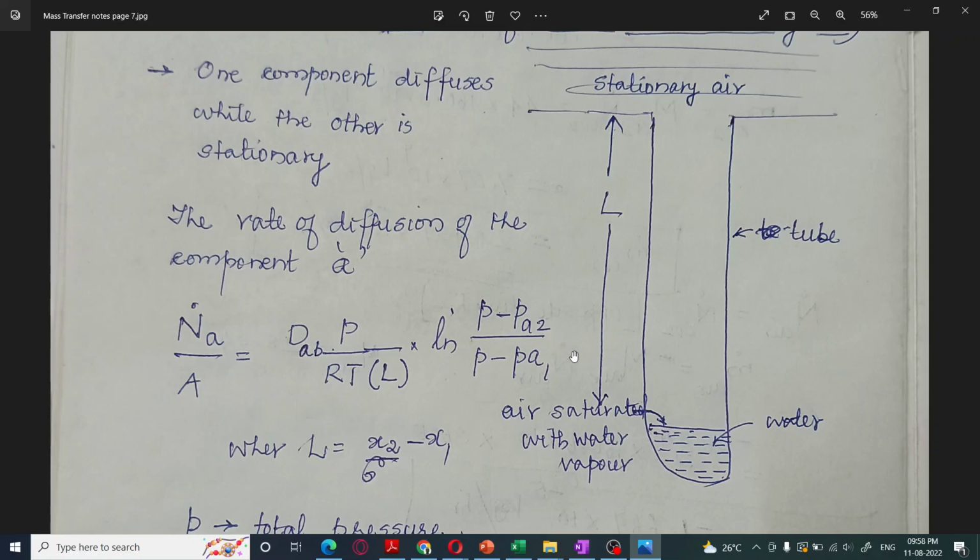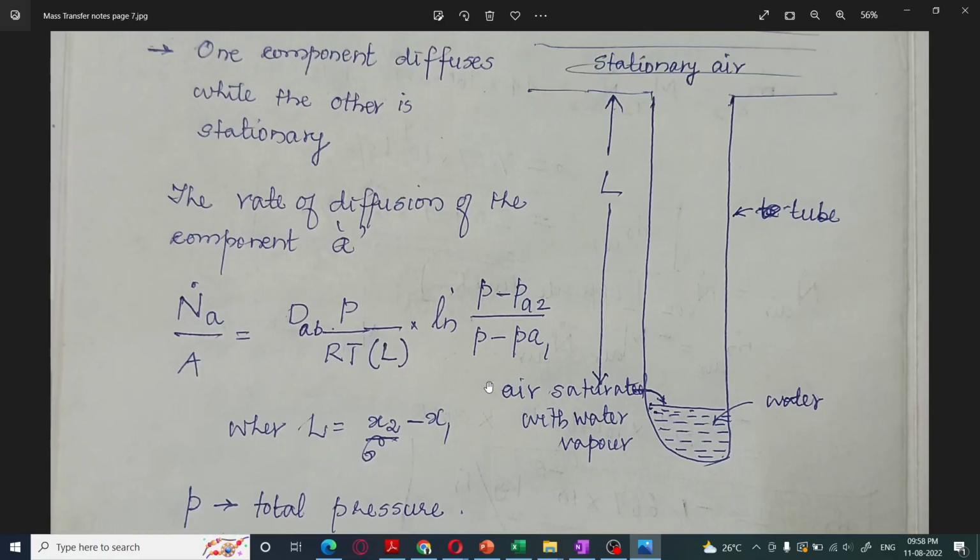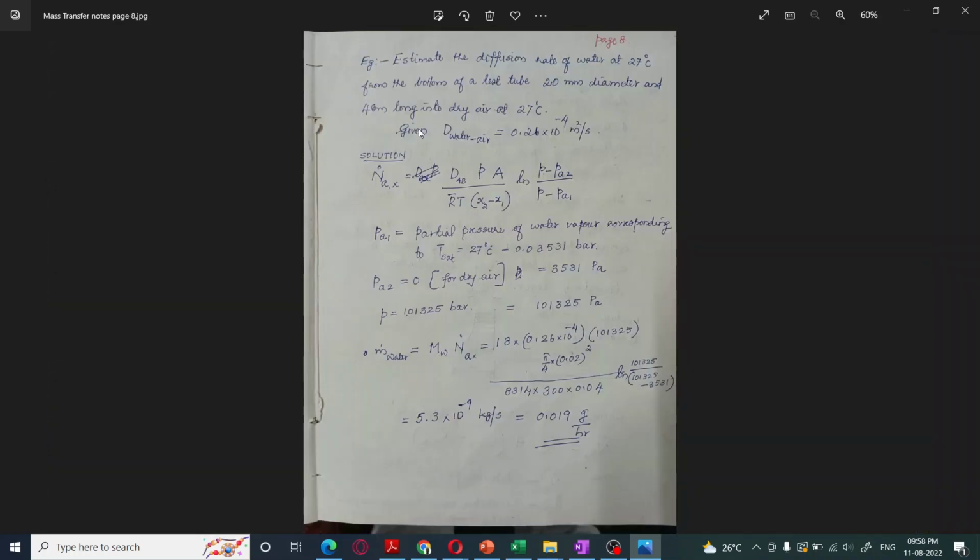If we can calculate partial pressure of water vapor at this level and at this level, then we can substitute. So you remember P is the total atmospheric pressure, which is the sum of partial pressure due to water vapor and partial pressure due to dry air component. Even this equation you can get from the data book, and if a problem is asked, you can do this problem.